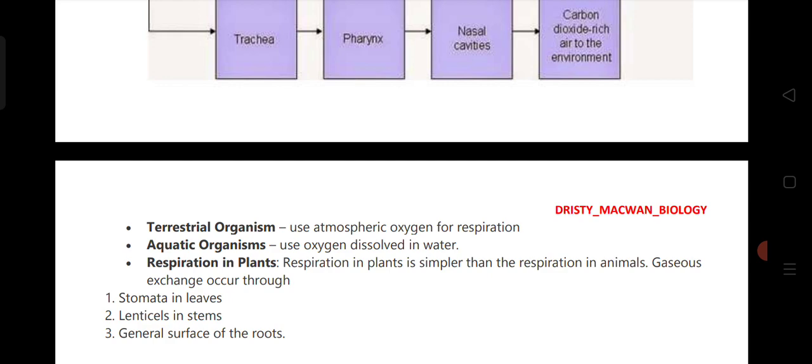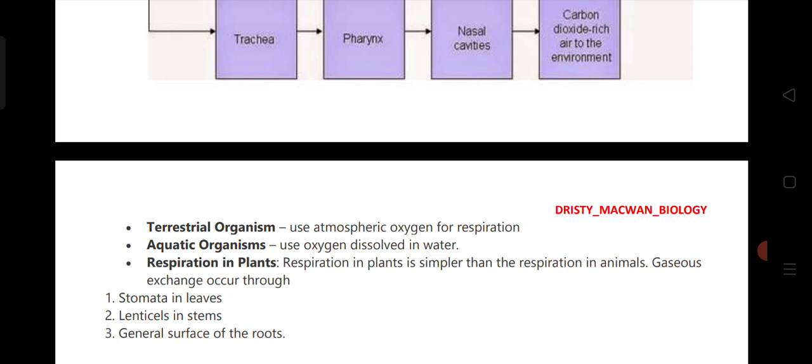The second is lenticels in the stem. These are small hole-like structures present in the stem of the plant, and they are responsible for the exchange of gases. And along with this, the general surface of the roots also does the exchange of gases. So these are the three things through which gaseous exchange in plants takes place.